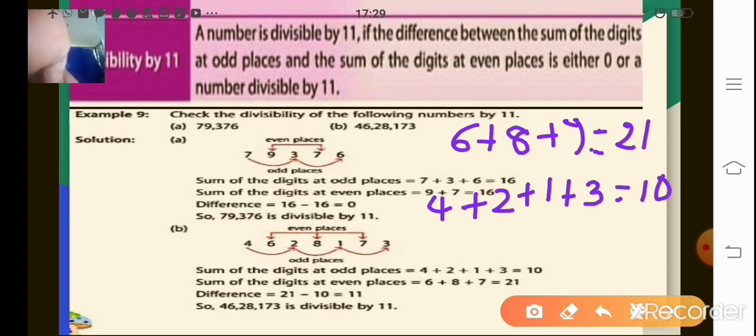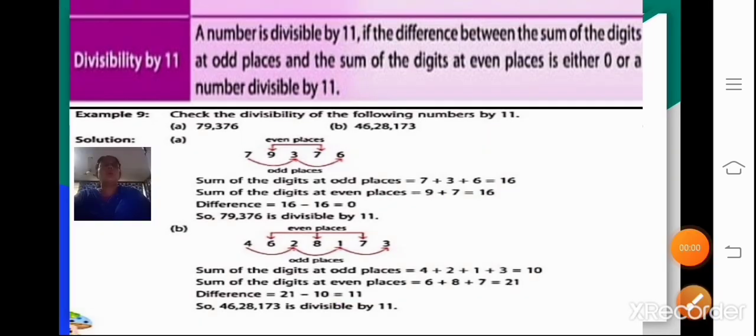Now 21 minus 10 will give you the number 11. See this? The number 11. Now 11 is easily divisible by 11. 11 ones are 11. So you can say that this number, 46 lakh 28,173, is also divisible by 11.